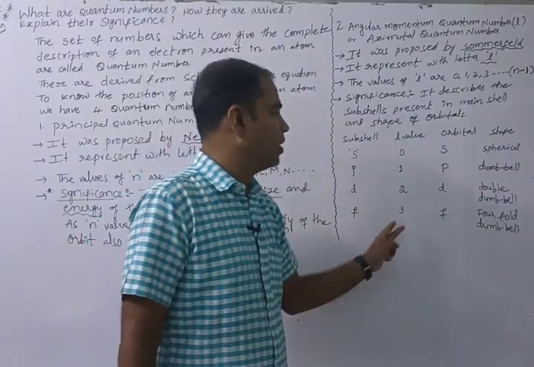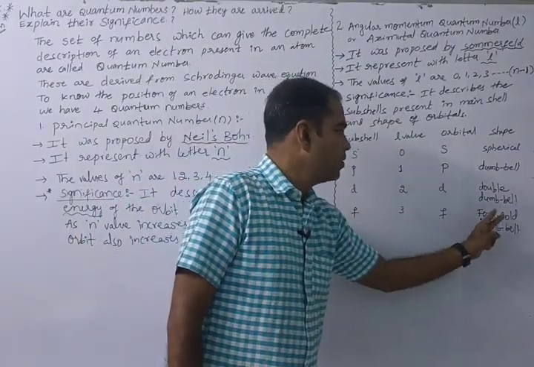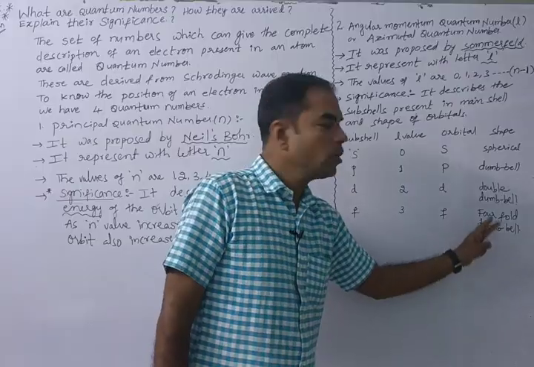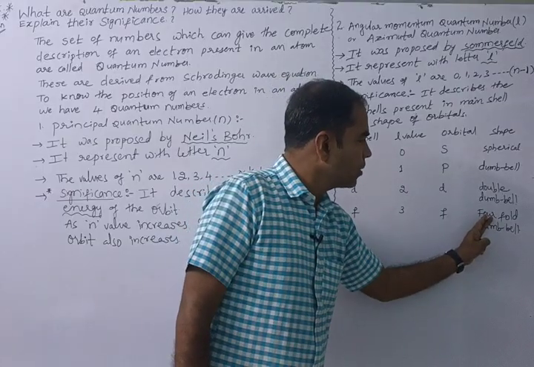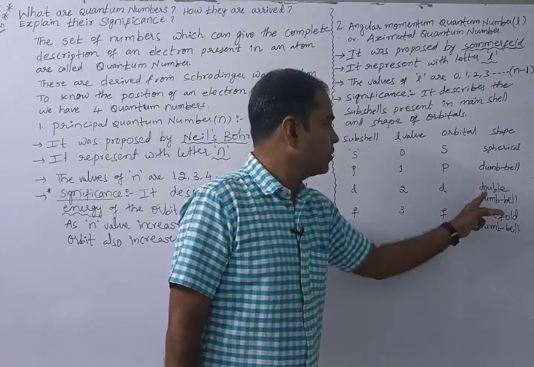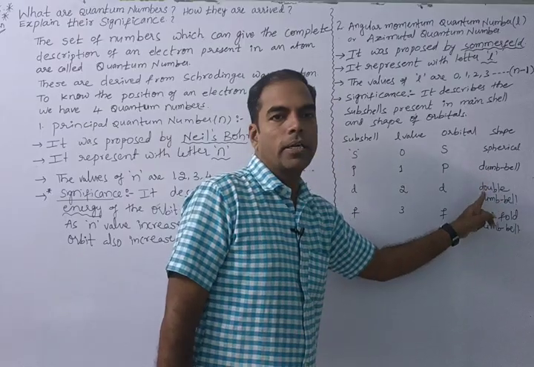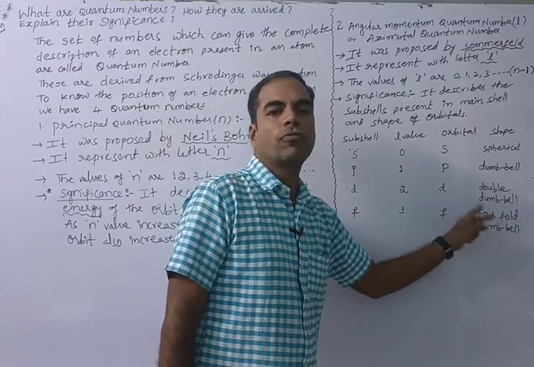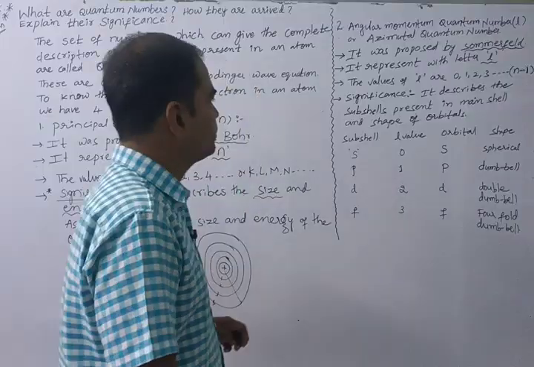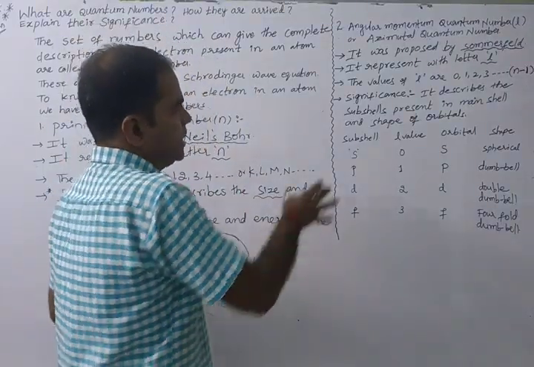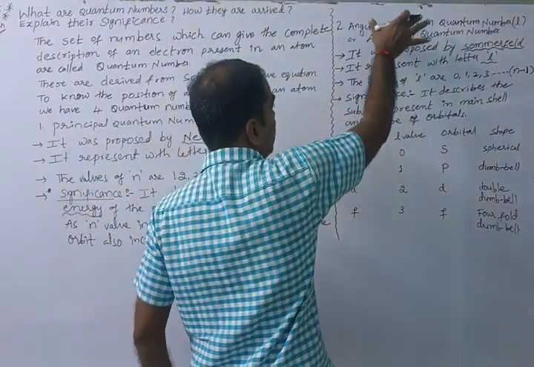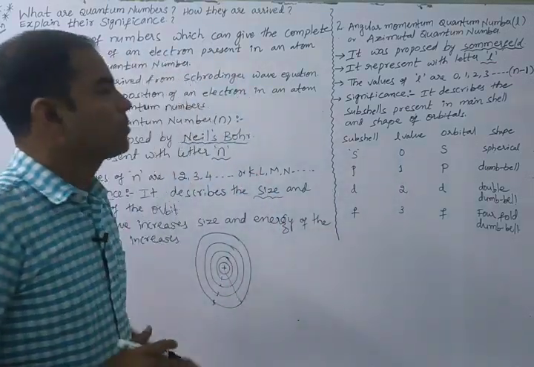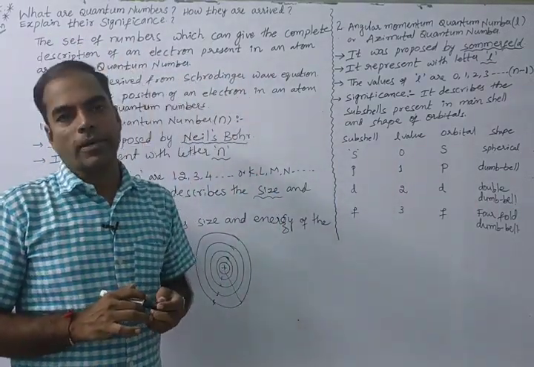F subshell, l value 3, F orbital. The F orbital is a complex structure, which we can represent with the 4-fold dumbbell. Here, dumbbell, double dumbbell and then 4-fold dumbbell. So this is the significance of the angular momentum quantum number, or azimuthal quantum number.